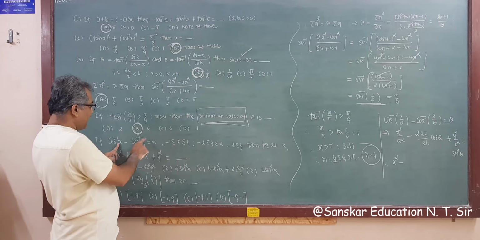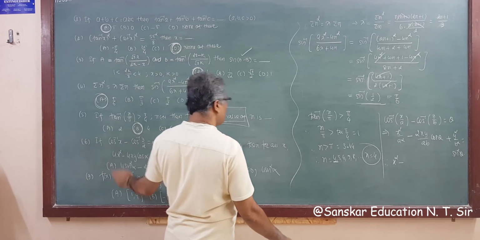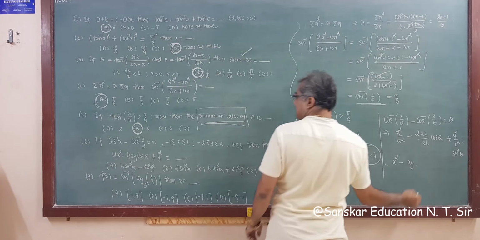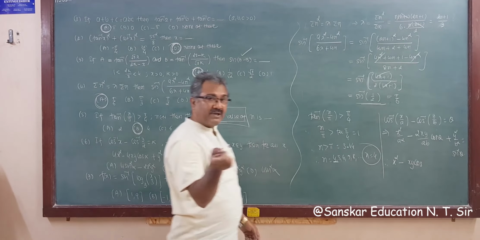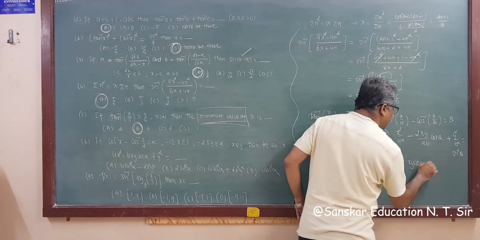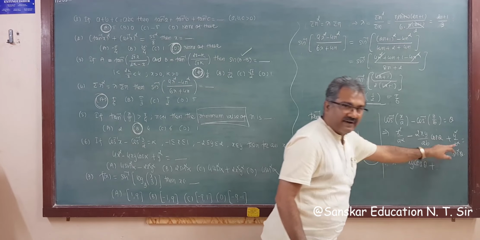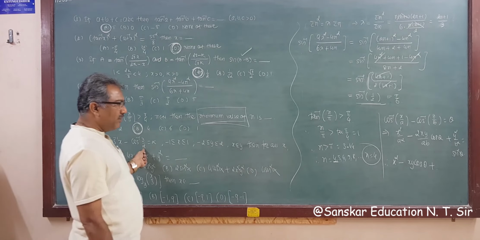The 2 cancels, so this is only xy into cos theta, but instead of theta it's given alpha. So this is cos theta plus the square of this, y square upon b square, that is y square upon 4.